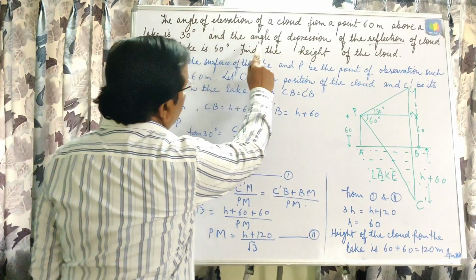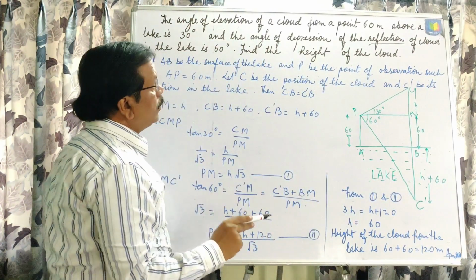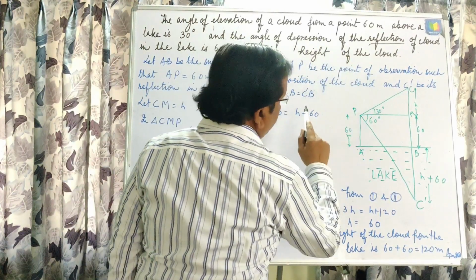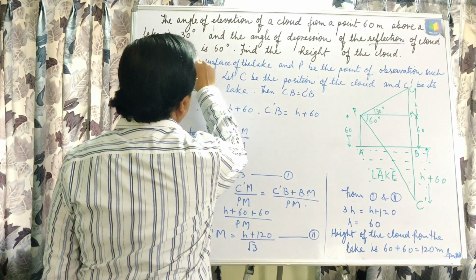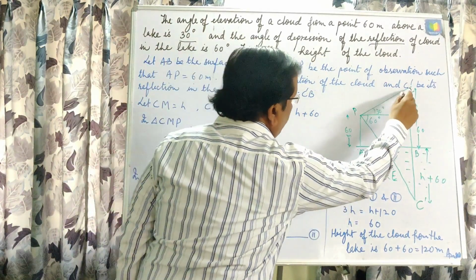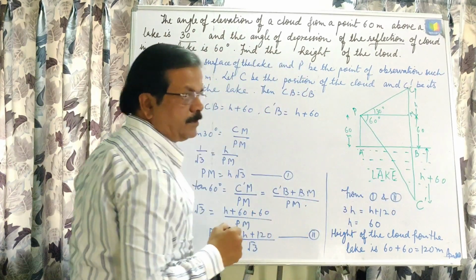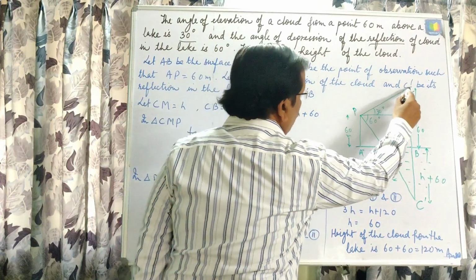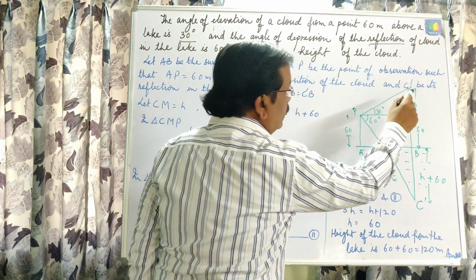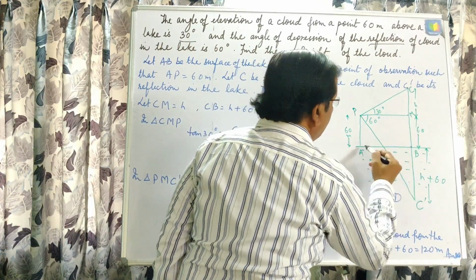The angle of elevation of a cloud. See here, C is the cloud. From a point 60 meter above the lake is 30 degree. Okay, this point is 60 meter above the lake. Try to understand the meaning of this. This is the cloud, and this is from the point 60 meter above the lake.